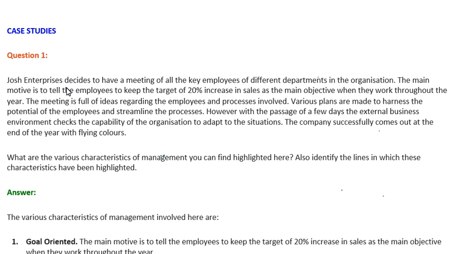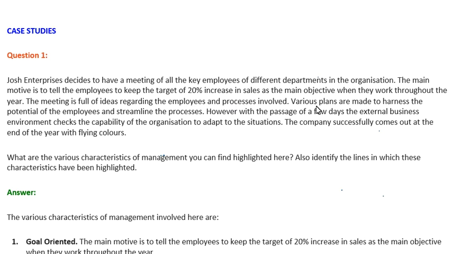Josh Enterprise decides to have a meeting of all key employees of different departments in the organization. The main motive is to tell the employees to keep the target of 20% increase in sales as the main objective when they work throughout the year. The meeting is full of ideas regarding the employees and processes involved.